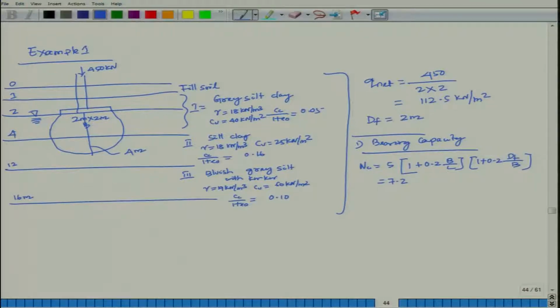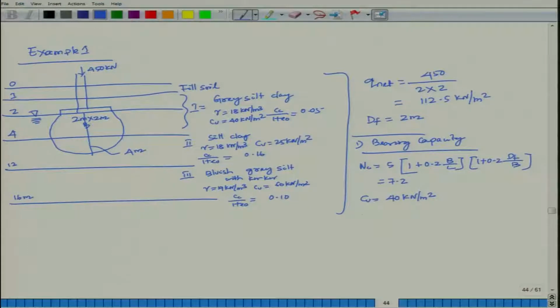As most of it lies in layer 1 and layer 2, you can take the weighted average of Cu1 and Cu2. In this case I am considering Cu equal to 40 kilonewton per meter square. Generally if half the part is here and the other half is there, then the weighted average is generally taken.